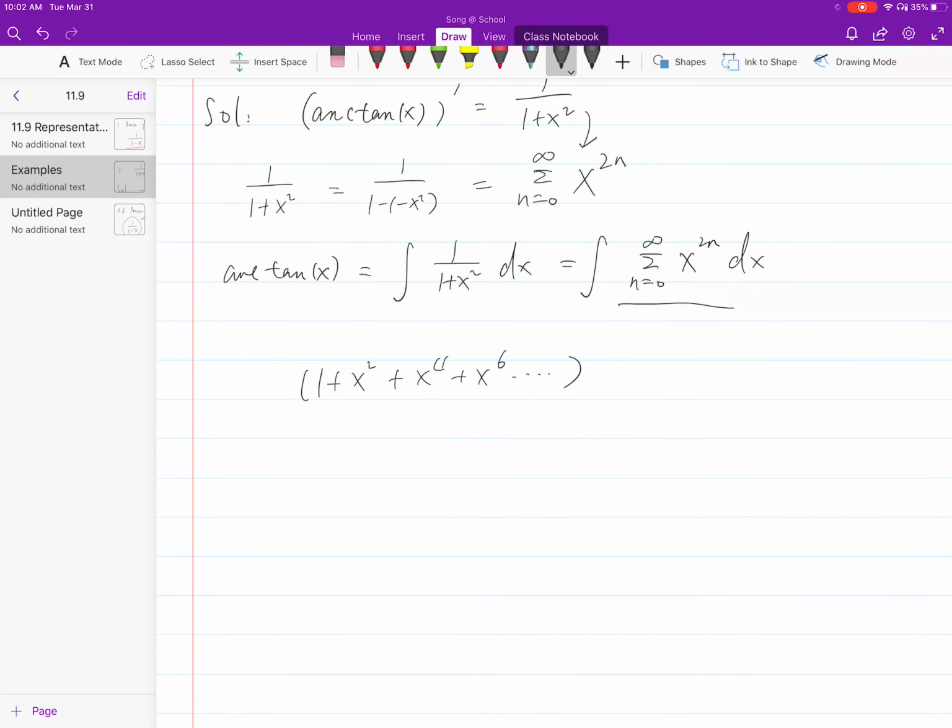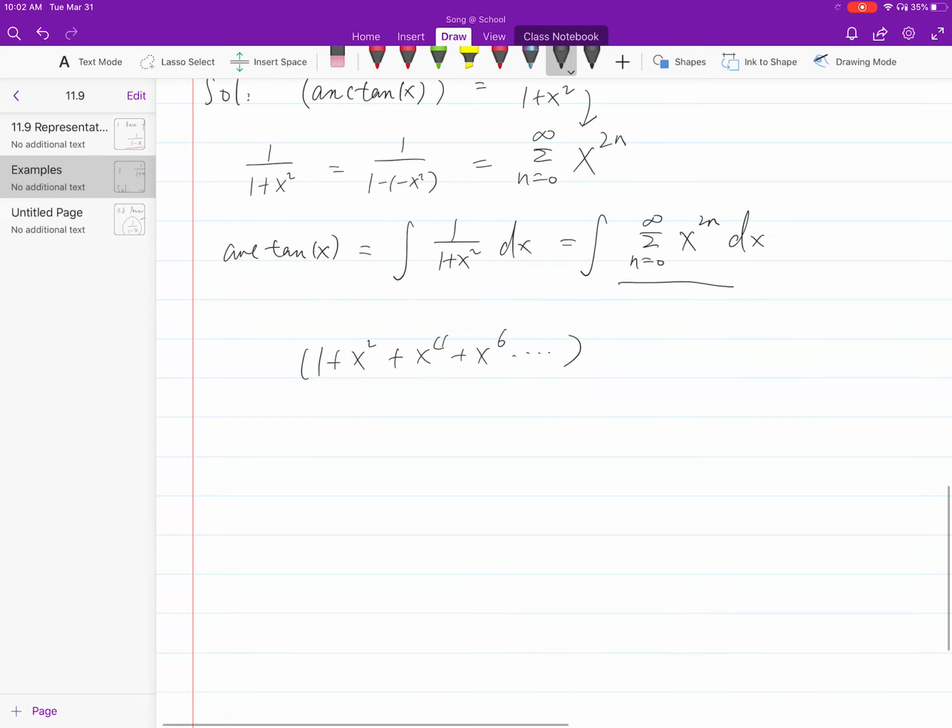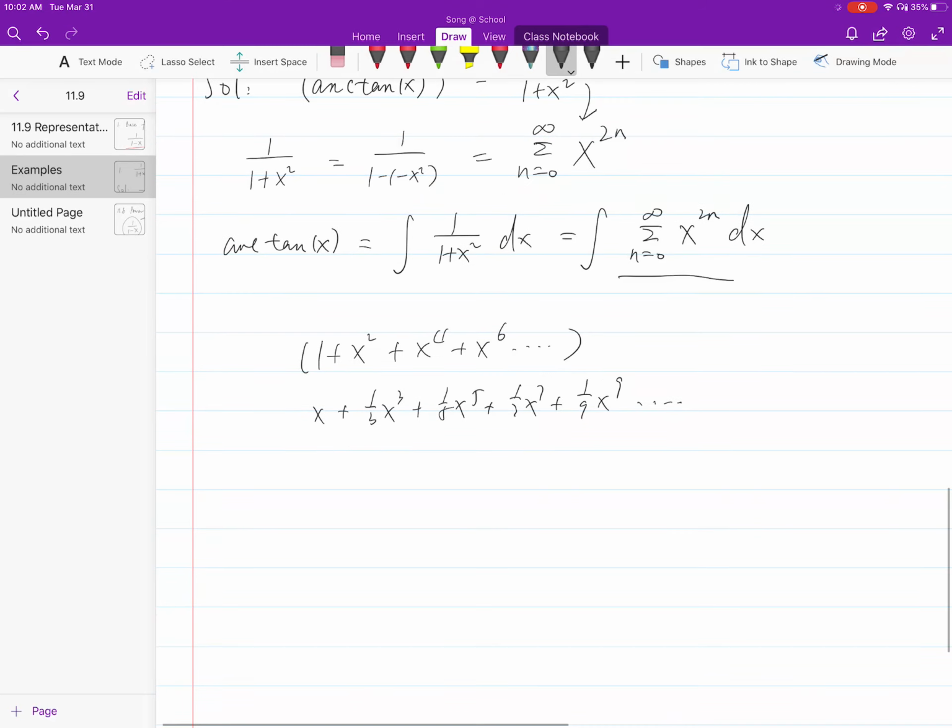To take the integral of this one together is nothing but to take the integral of 1 and x squared and x to the 4th and x to the 6th. If we want to write one more, it's going to be this, dot, dot, dot. It's actually nothing but to take the antiderivative of every single one of them. Okay, that means you can take the sum and then take the integral, or you can take the integral of each single one and then sum them together.